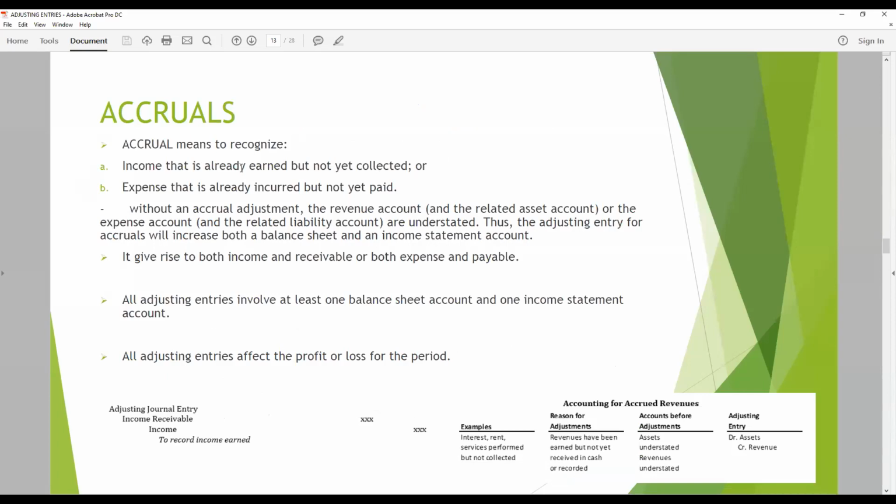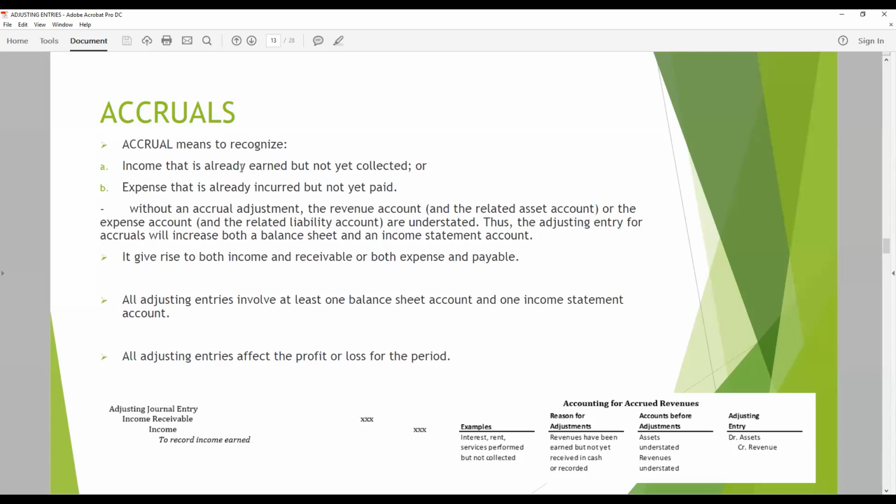Ayan. So, ano daw yung income already earned? Under accrual, na-perform nyo na yung service sa client nyo, sa customers nyo, na-deliver nyo na yung goods, pero hindi pa sila nagbabayad sa inyo. Or you did not yet collect the cash from them for the services rendered or for the goods delivered.